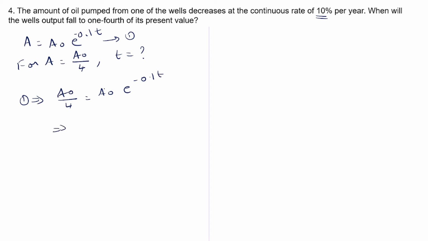Or A0 will go, 1 by 4 equal to e raised to minus 0.1 t. So from this we have e raised to 0.1 t equal to 4. 4 is 2 square. Now we can take log. So we have 0.1 t is equal to 2 ln 2.